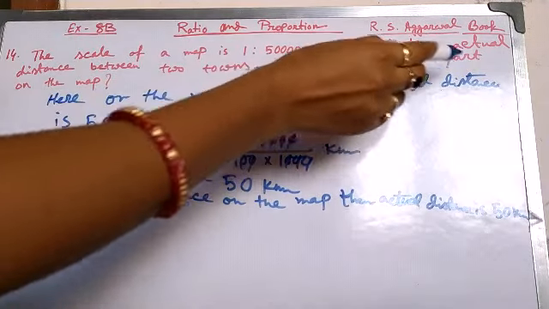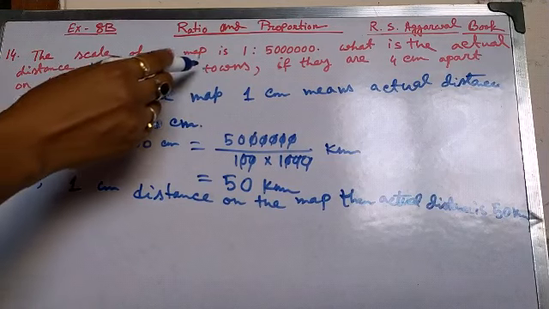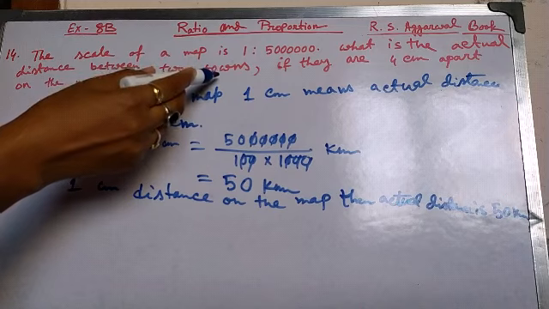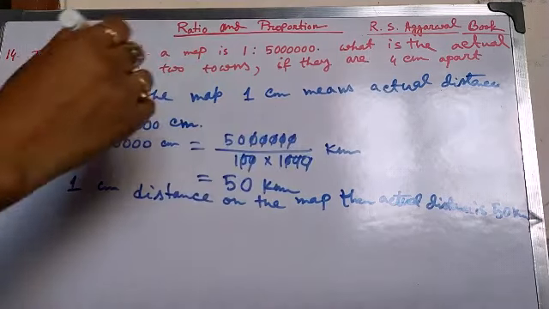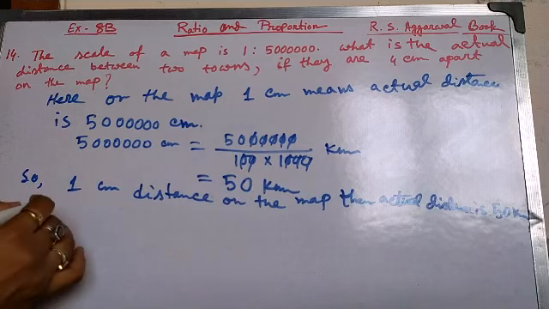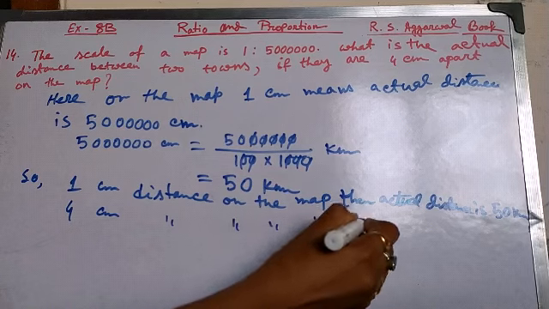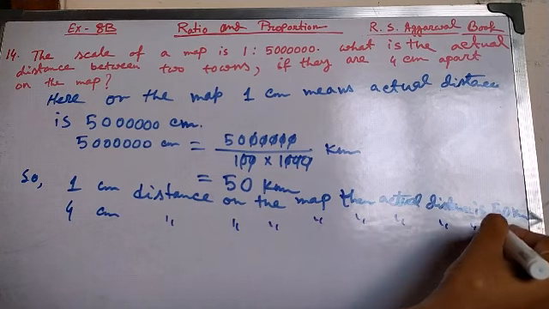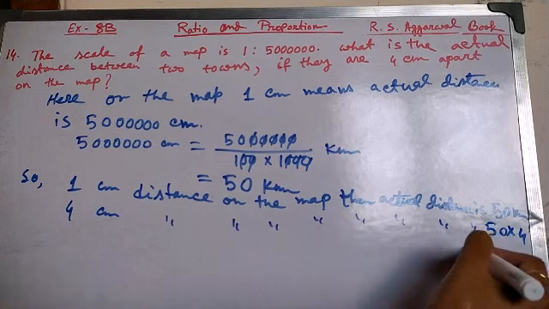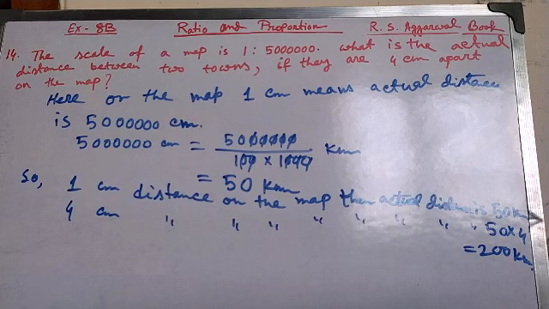If they are 4 centimeter apart on the map, that means both of the towns' distance is 4 centimeter, then what will be the actual distance? Here 1 centimeter distance means 50 kilometers. So let's see, 4 centimeter distance means what will be the actual distance? 50 into 4, very simple, then it will be 200 kilometer. Actually, the distance between two towns.